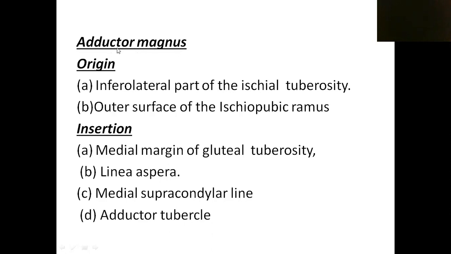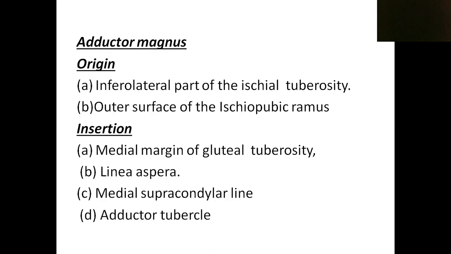Now adductor magnus. Adductor magnus originates from the infralateral part of the ischial tuberosity, then the outer surface of the ischiopubic ramus. As I already told you, the ischial tuberosity is divided into an upper part and a lower part.